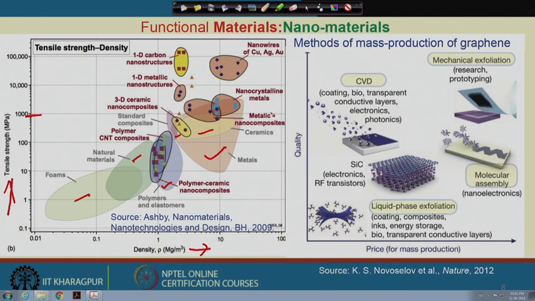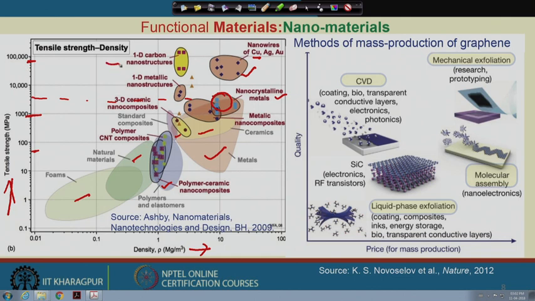But when we develop some metal with nanocrystalline grain size, then definitely the strength could be increased up to, let us say, 5000 megapascal. So, 5 times we can increase. Or if we can develop some nanowire even using copper, which has a strength of only around 100 to 200 megapascal, we can easily reach up to such a scale.